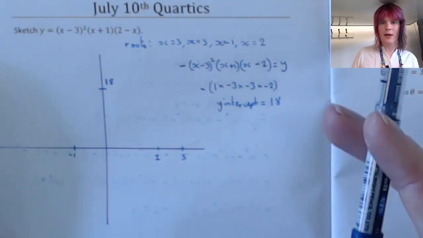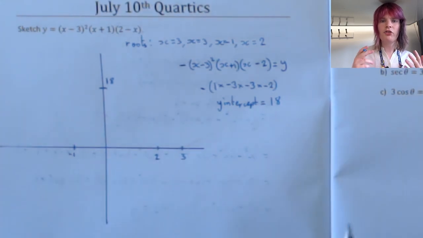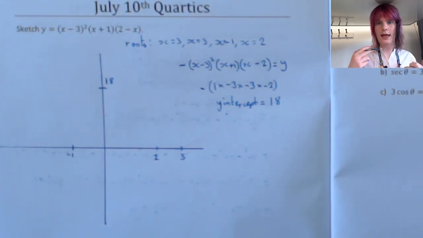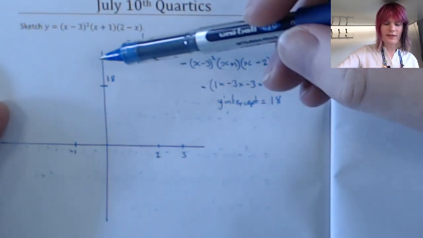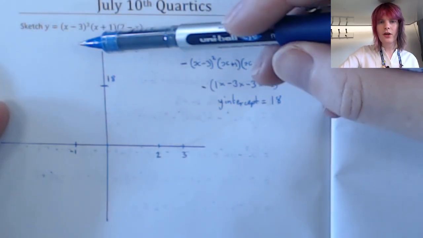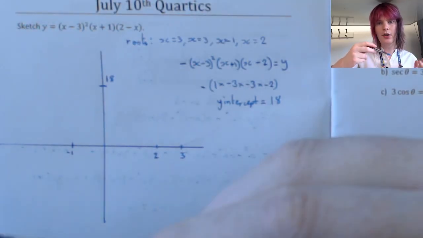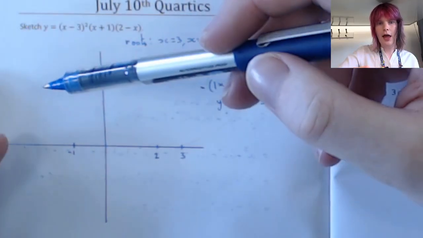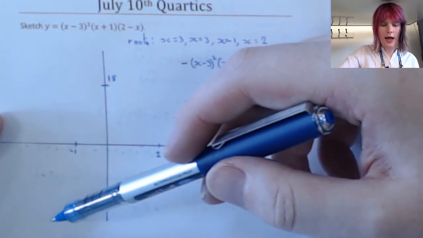Now the last bits of information that we're going to need to use are kind of our known shape of a quartic. Now because this is negative, we know that when we put in a really big negative number, we're going to be kind of in the negatives over here.